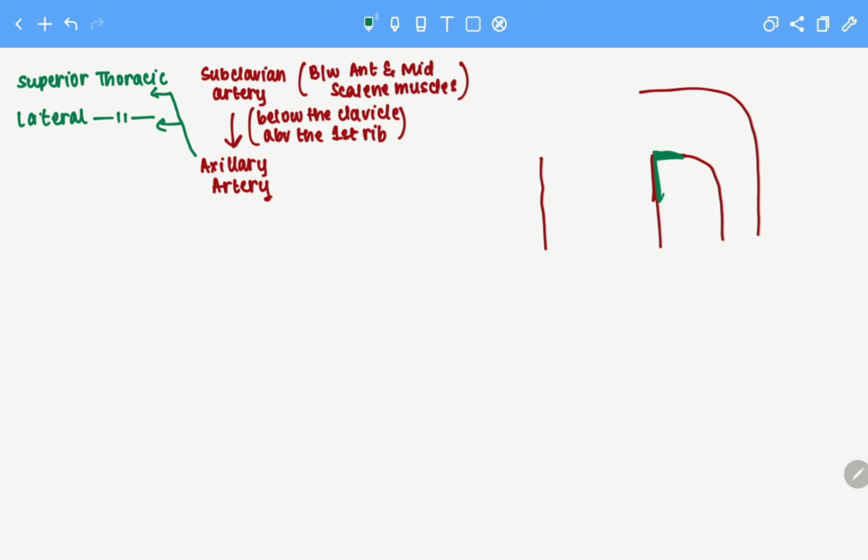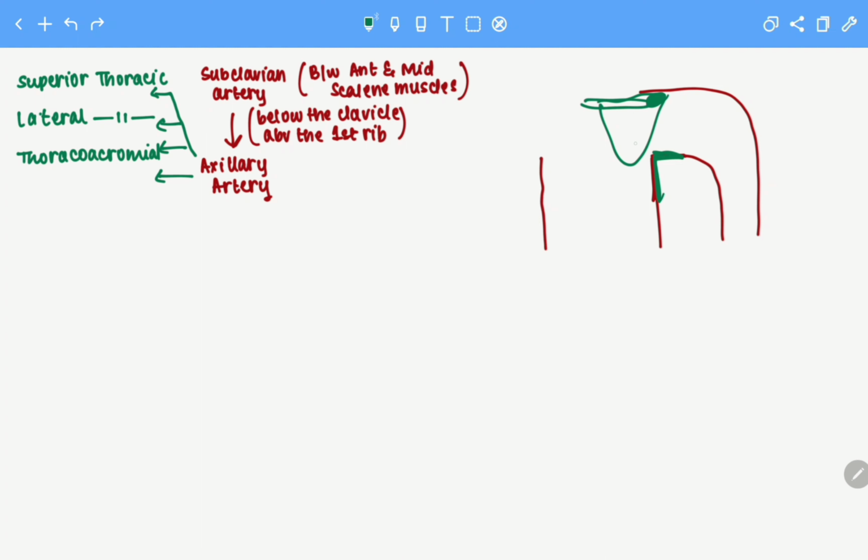Now, we have the scapula over here, we have the clavicle over here, and the scapula and clavicle form a joint here called the acromioclavicular joint, which is in close proximity with the axillary region. Therefore, the acromial.